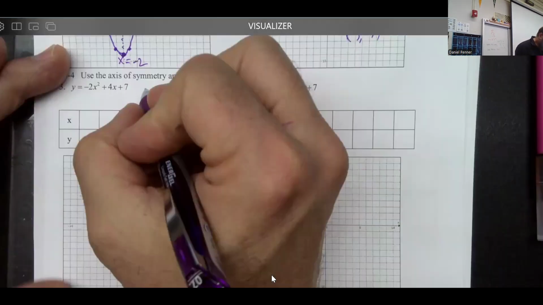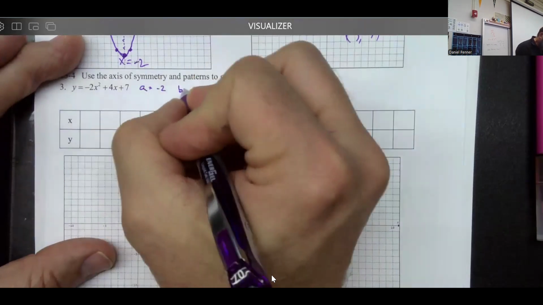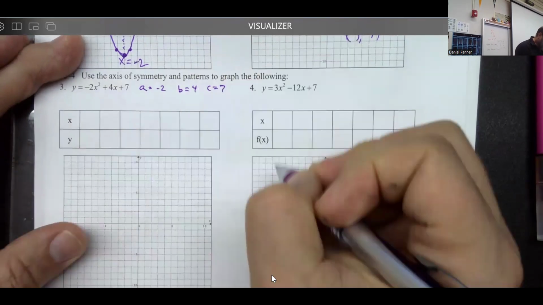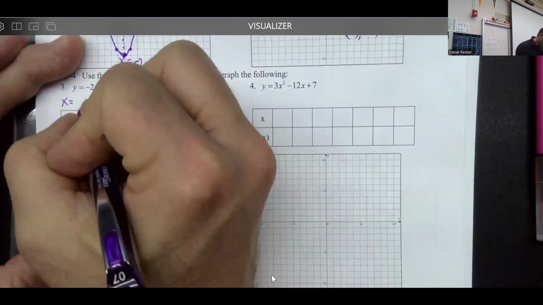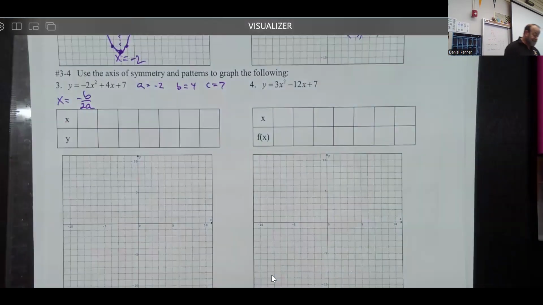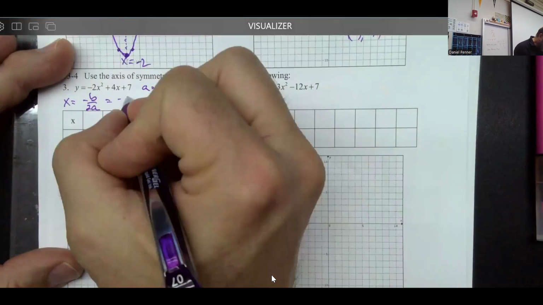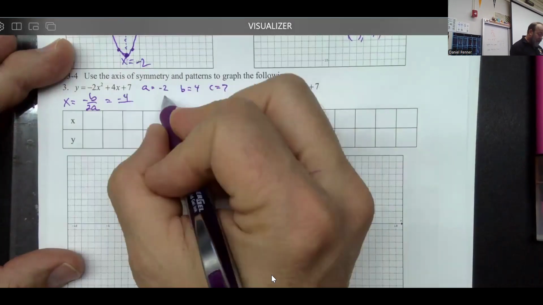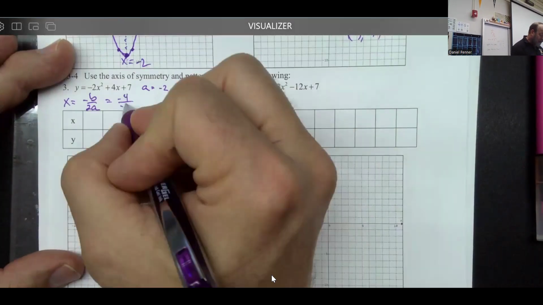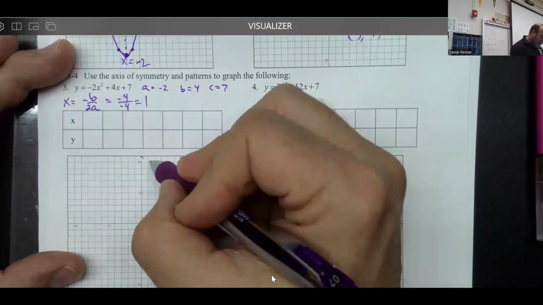So remember, the first thing we want to do is identify what A is, what B is, and what C is, and use our little formula, which is the opposite of B over 2A, and that is always that formula. And so the opposite of positive 4 is negative 4. And if I double negative 2, I get negative 4, which means my line of symmetry happens at x equals 1.